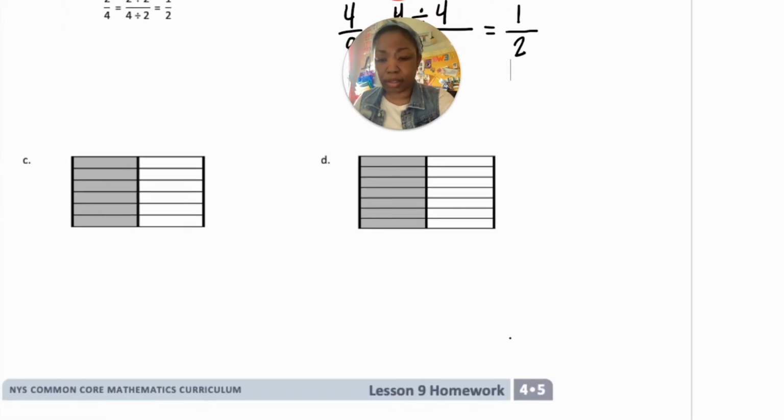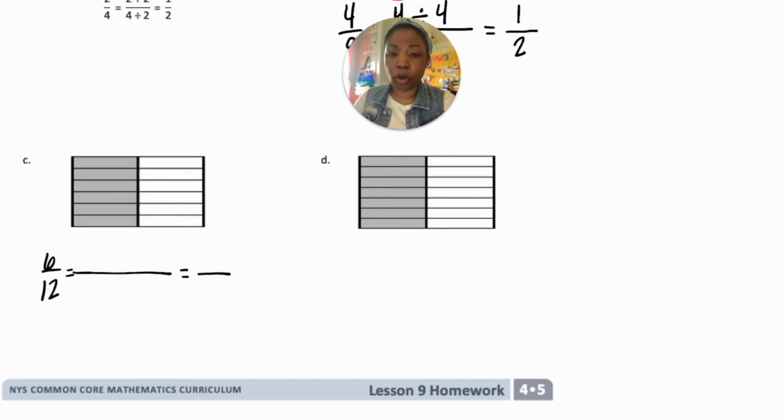For C, we have 1, 2, 3, 4, 5, 6 shaded out of 12. I can compose groups of 6. I can compose 2 groups of 6 and 1 group is shaded. So that will be 1/2 too.